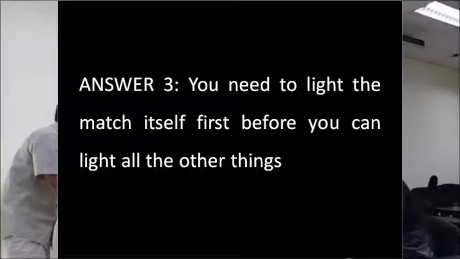The answer is contained in the question itself, which is the match. The match can be used to light a fire, and then the fire produced can be used to light other stuff in the room.